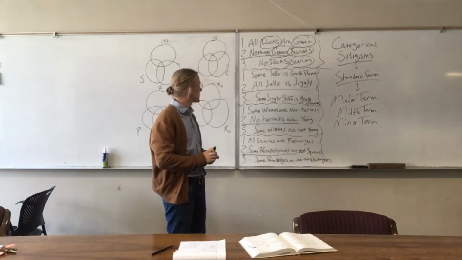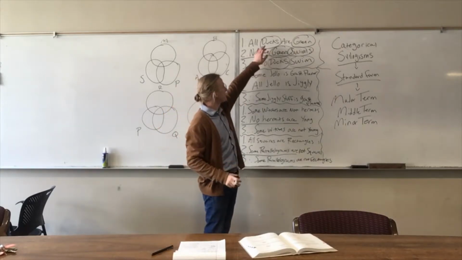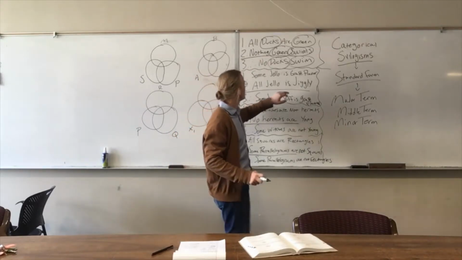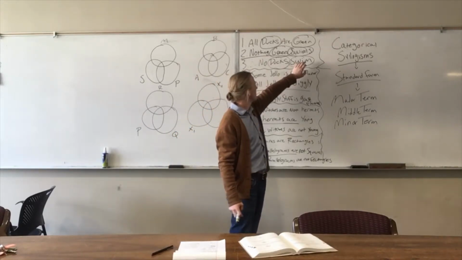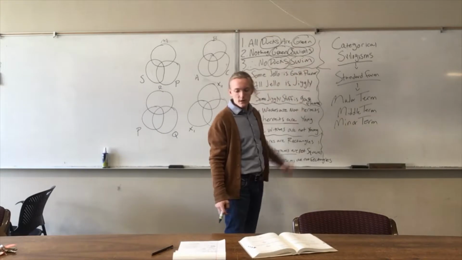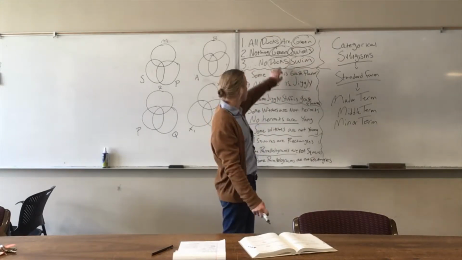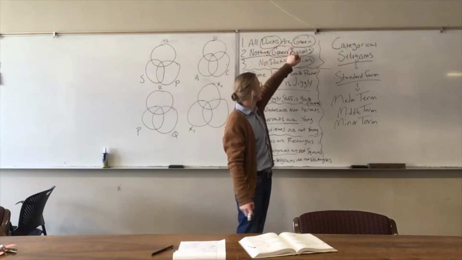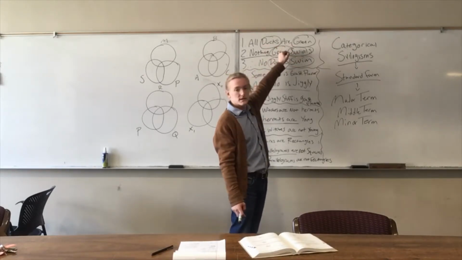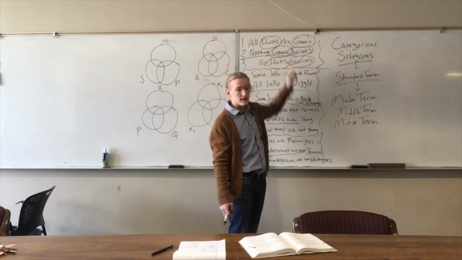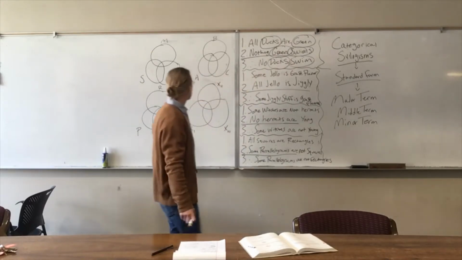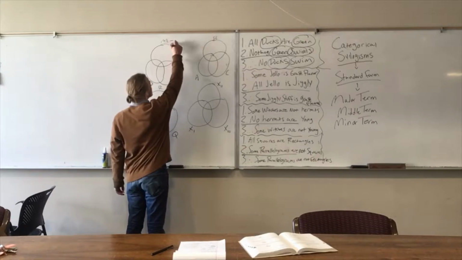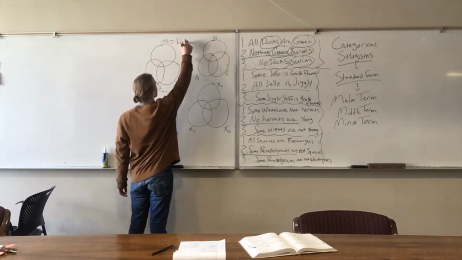Now our major term is going to be the predicate of the conclusion. So our major term is swims, right? And our minor term is the subject of the conclusion, which is ducks. And our middle term, again, is going to be the one that doesn't appear in the conclusion, which is green. So let's say that M equals ducks.